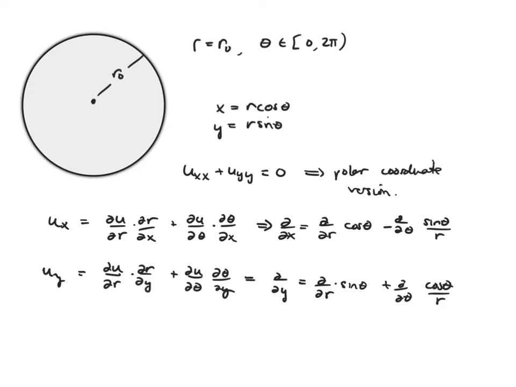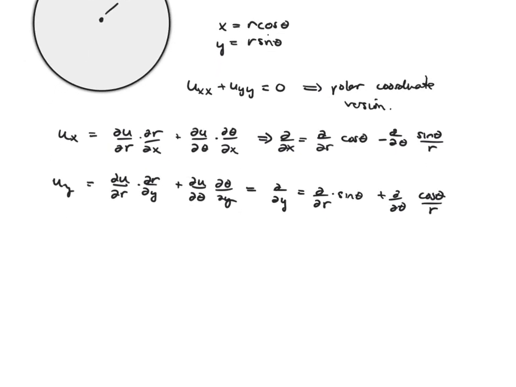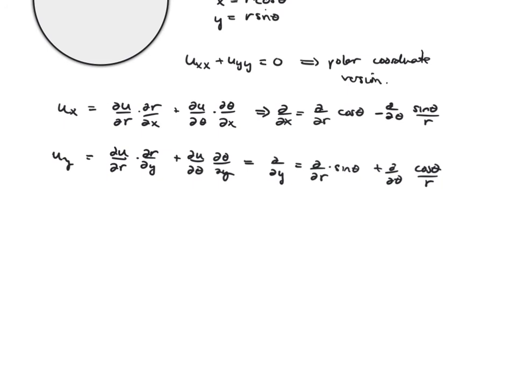So we derived all that last class, and now we want to apply this to calculate u_xx and u_yy, fill in that Laplace equation and see what we get in the new polar coordinates. All right, so this is actually a little bit long, a little bit detailed, but we'll do it anyway.